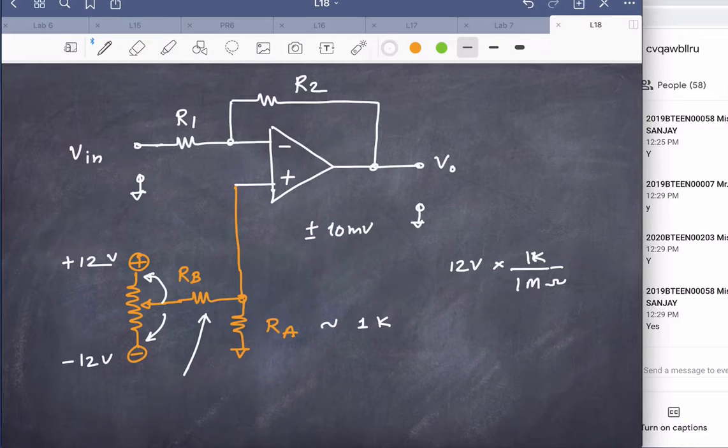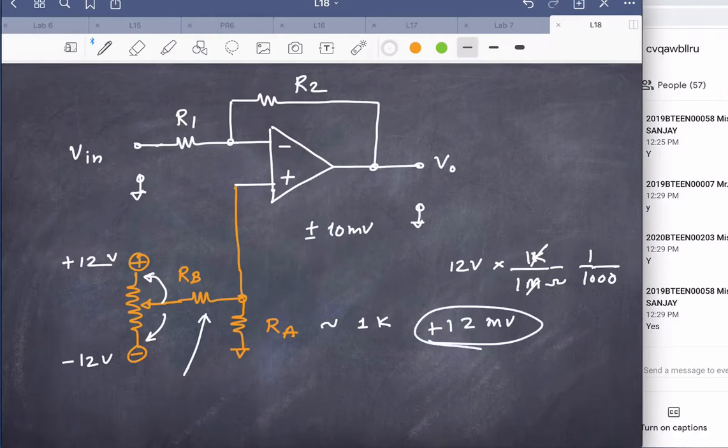So it is almost 1000 times 1 by 1000. So this is 12 millivolt. Okay, so this is near about the required value with standard value of 1 meg resistor. So this can be 1 meg ohm, this can be 1 kilo ohm. These values need not be very accurate. Calculations can be done, but near about available value can be placed.